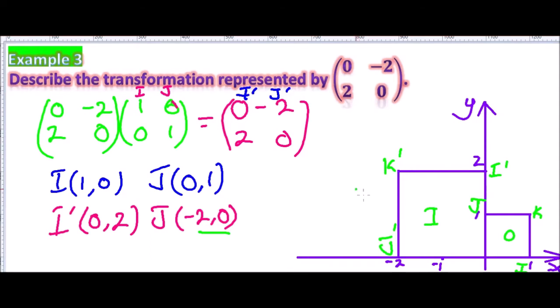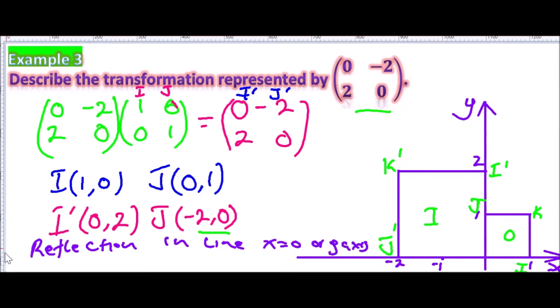So we can conclude that this matrix represents a reflection in the line x is equals to 0, or y-axis, followed by enlargement scale factor 2. So that is what this matrix represents.